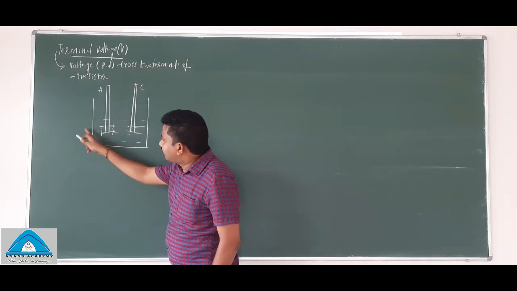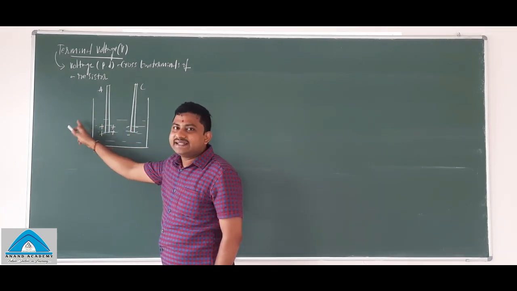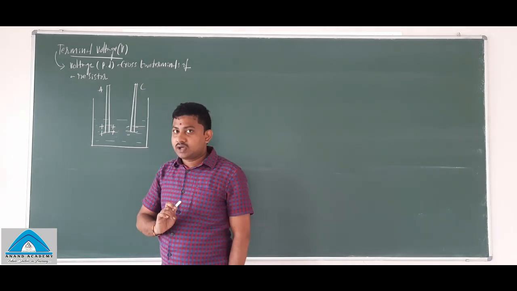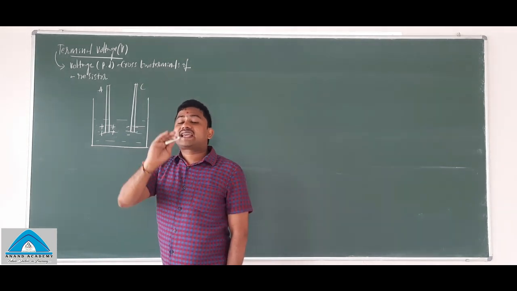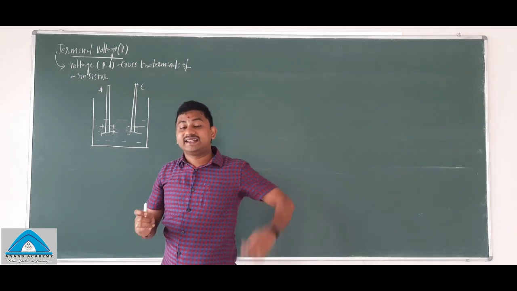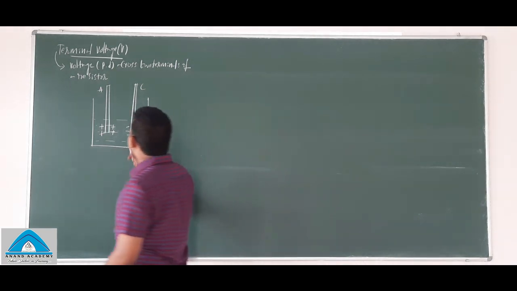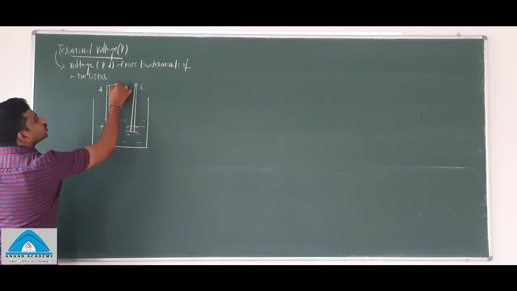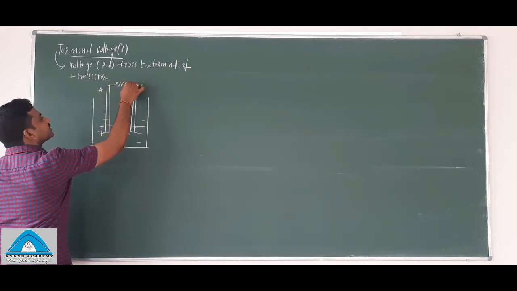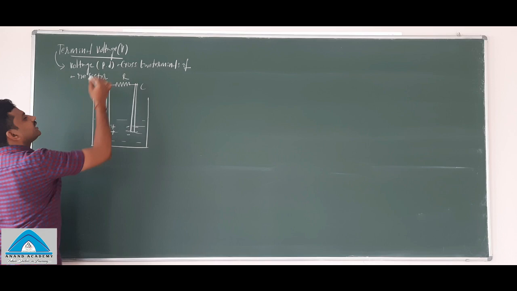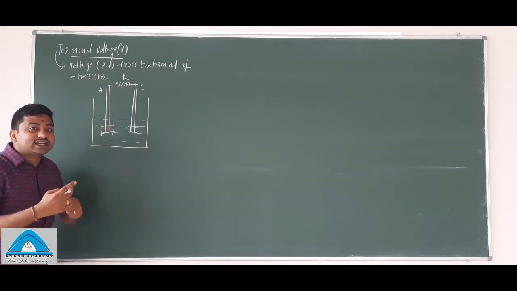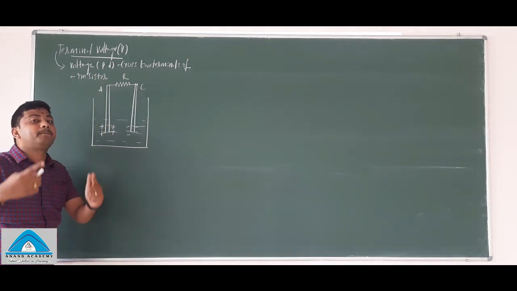Imagine this is the cell which has EMF E and internal resistance r. To this cell, I am just connecting an external resistance. See, there is an internal resistance, and the external resistance I am connecting here. So this external resistance R is connected here. So now the circuit is completed.